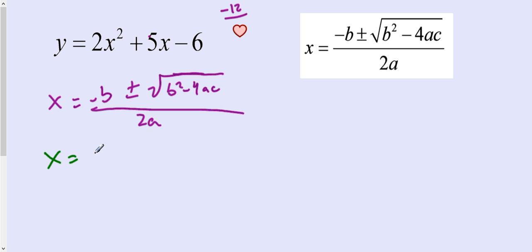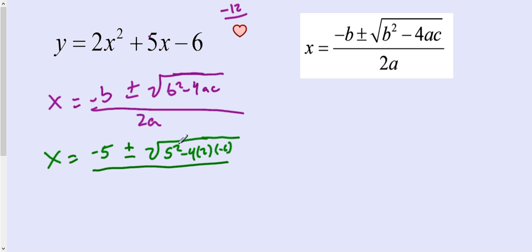So we end up getting negative 5 plus or minus the square root of 5 squared minus 4 times 2 times negative 6. Oh, this one actually might have some real roots, ones I can work with. 2 times 2, because I kind of solved this in my head.